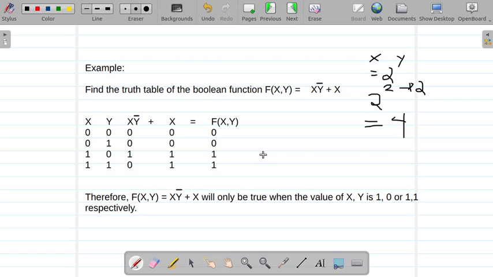So there are 4 expressions. For example, 0, 0 is one expression, 0, 1 is one expression, 1, 0 is one expression, 1, 1. You start from 0: 0, 0 equals 0, 0, 1 equals 1, 1, 0 equals 2, 1, 1 equals 3. So there are four expressions, from 0 up to 3.